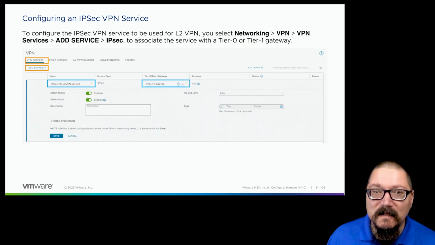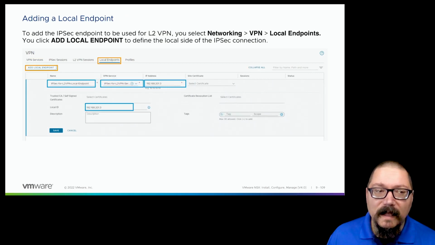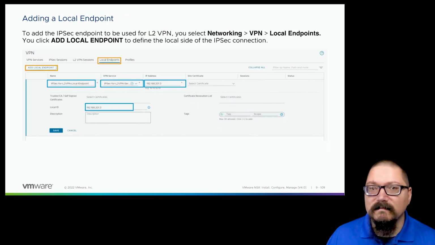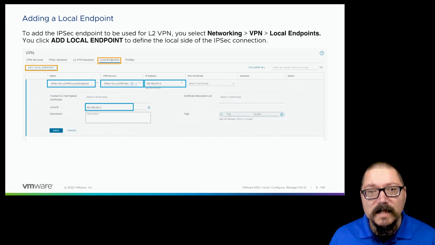I just need this service available. We're going to use it because we're using IPsec under the hood, if you will. And the endpoint, again, nothing particularly special here, but I do need to create this and associate it back to that IPsec session.